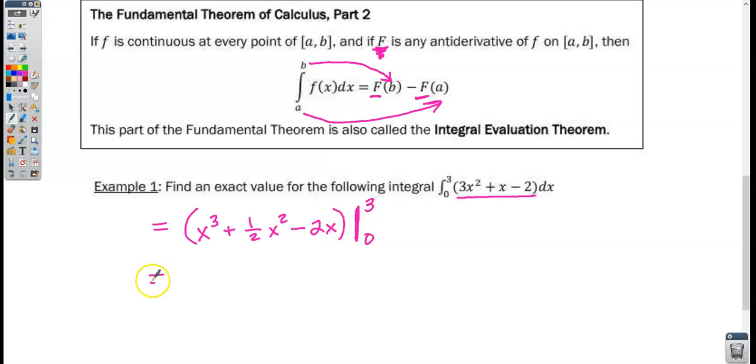Now I'm going to actually go through that process. I'm going to substitute 3 in here for x, everywhere there's an x. And I'm going to subtract away what I get when I substitute 0 in here for x.